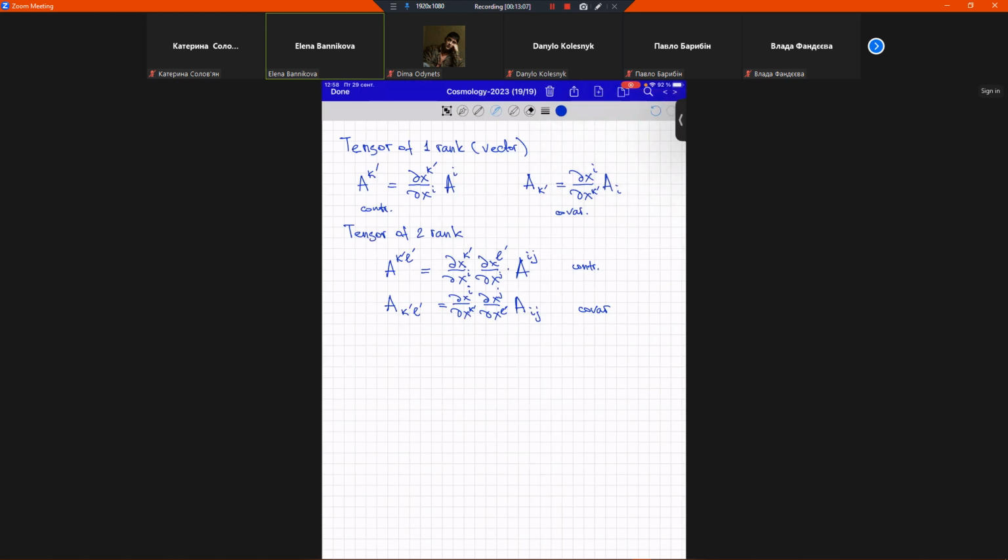And mixed component. So it means that one index is contravariant, another index is covariant. Again, I remember the construction. So here I put K prime, here I put L prime. And after this, I distribute the summation index.